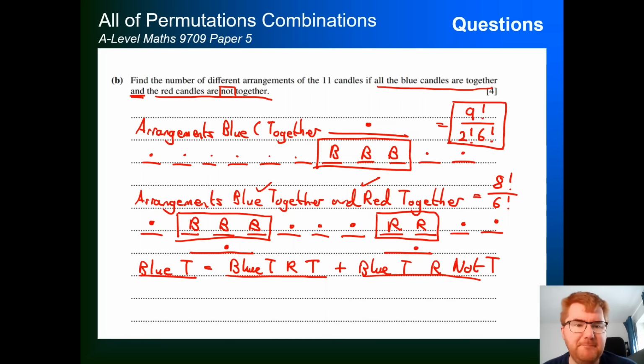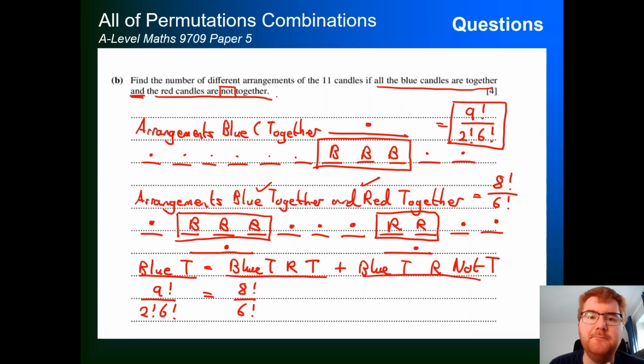Okay, so what does that mean then? So blue together is 9 factorial over 2 factorial, 6 factorial. Blue together, red together, we just worked out, so that's 8 factorial over 6 factorial. And this, blue together, red not together, is what we're actually looking for in the question. So let's just say plus x. So actually we have now an equation that we can solve. So to work out x on its own, what's the opposite of adding 8 factorial over 6 factorial?